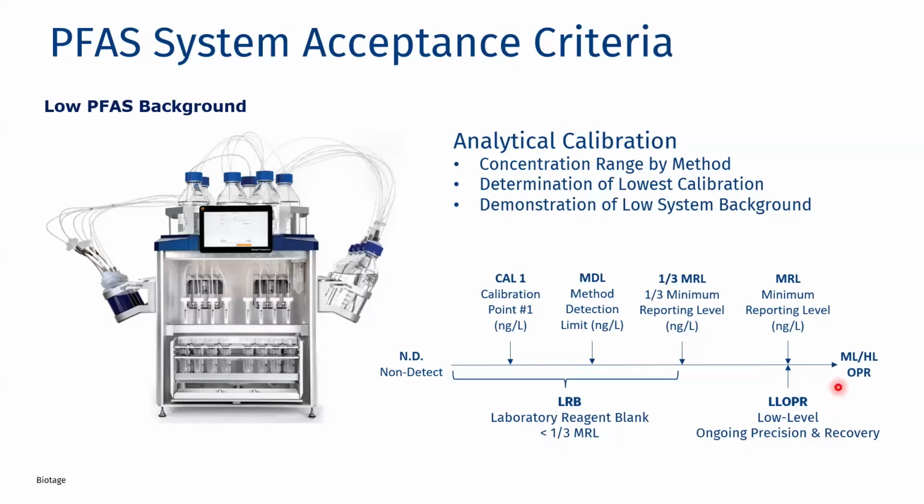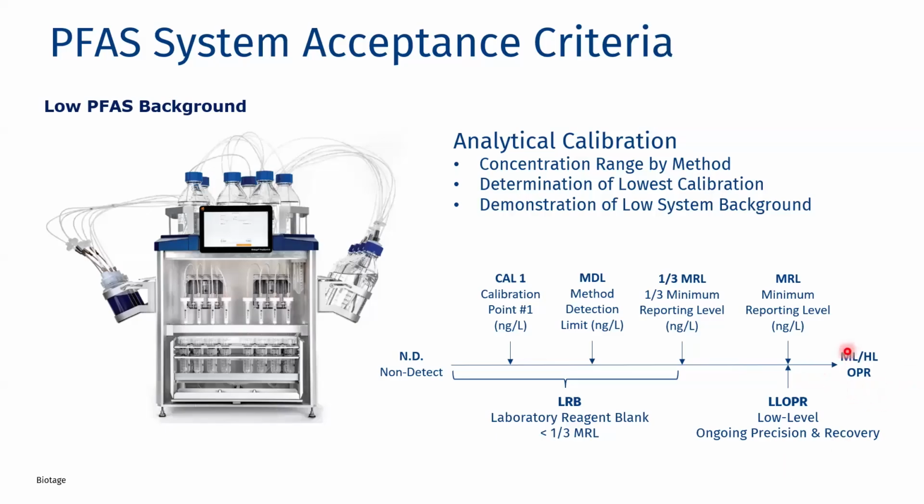And just for some other terminology, usually your minimum reporting level is also the lowest level that you spike at when you're doing ongoing precision and accuracy. So when you want to make sure that your lab is keeping up with its quality requirements, you will spike at a low level and just make sure that you're still getting good precision and accuracy.